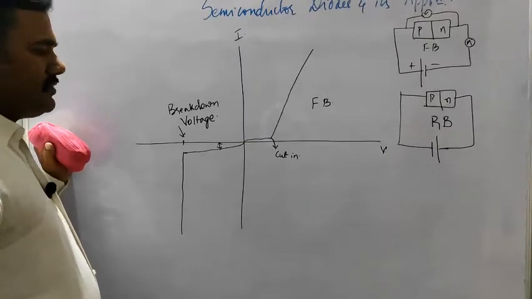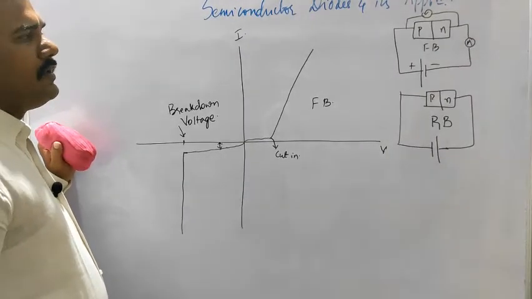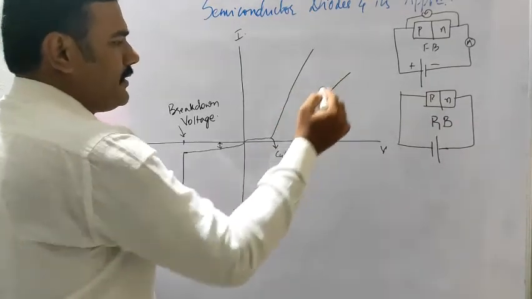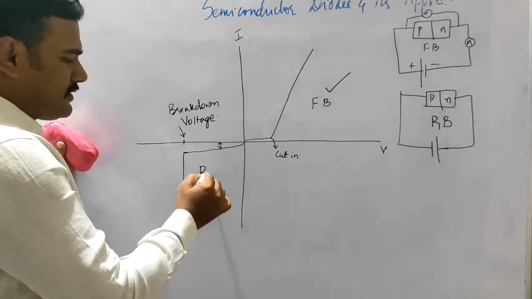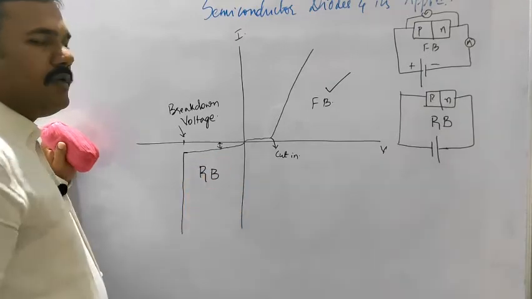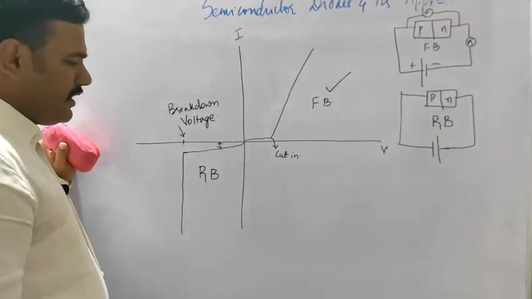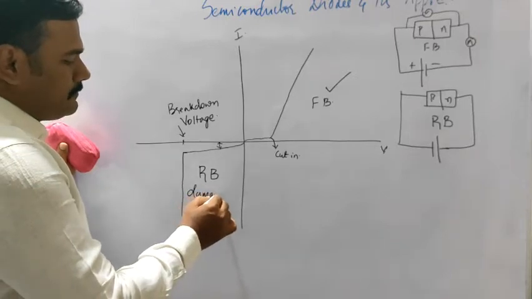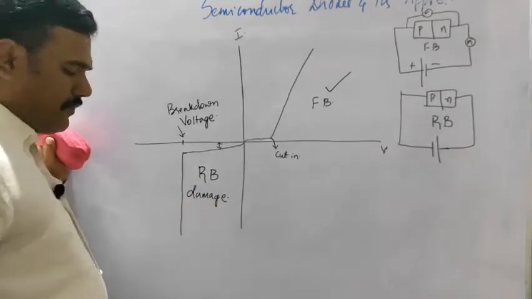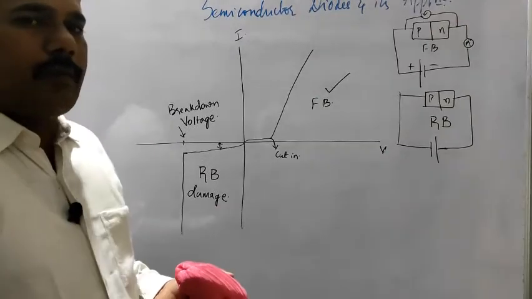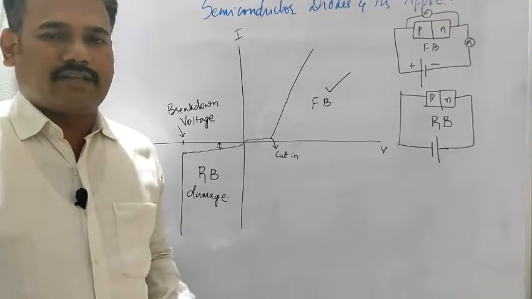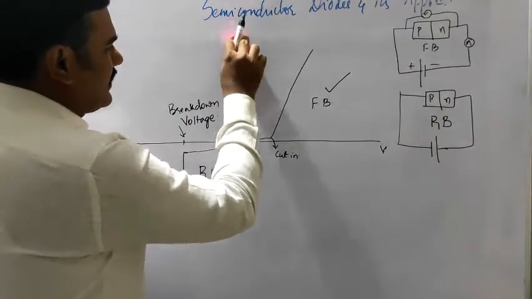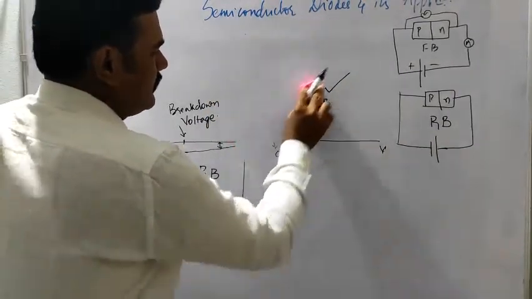We also say that the diode is preferred to be operated in forward bias only, not in reverse bias, because if we use the diode in reverse bias, there may be chances of damage to the device. Therefore, we always prefer that the diode be operated only in forward bias condition. Okay, so this is about the voltage versus current characteristics of a diode.